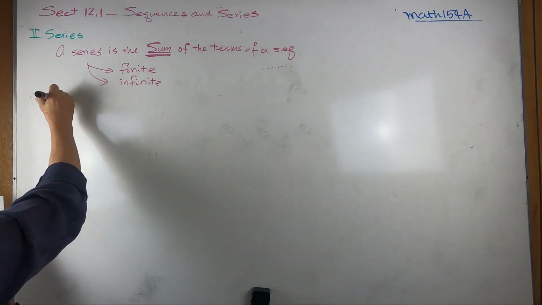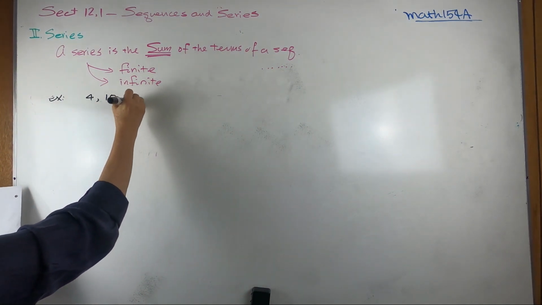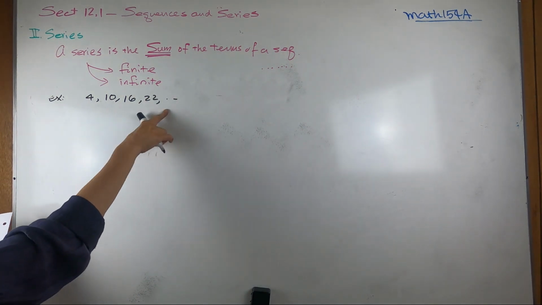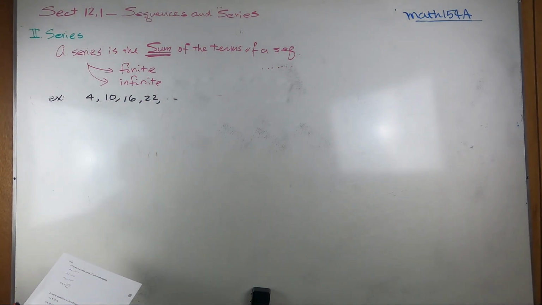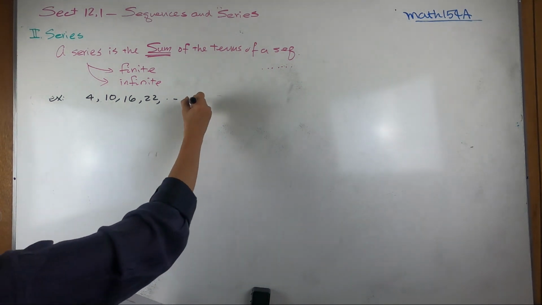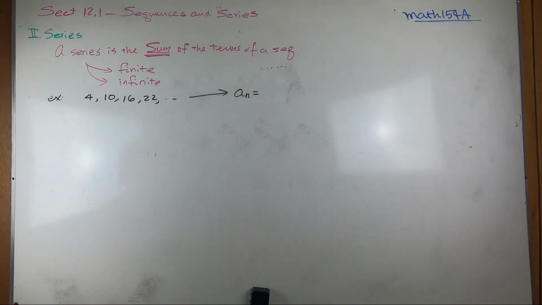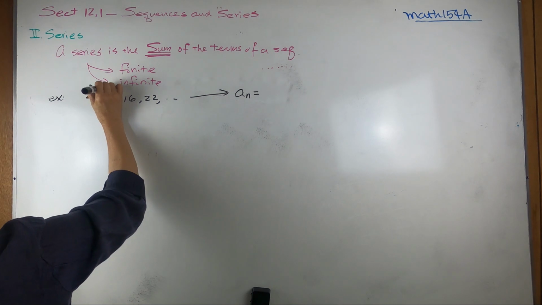Okay, so if you look at the example, if I have a sequence like this, by adding 6, the general pattern, as we talked about earlier for sequences, each term, the nth term, will be by adding 6.